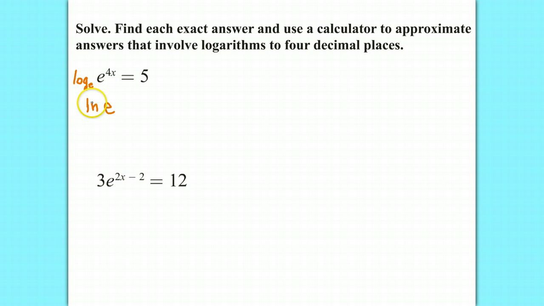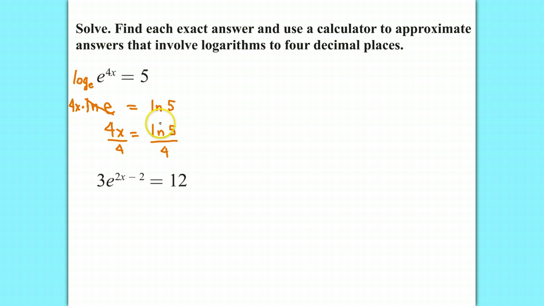So log base e and natural log are the same. And then I'm going to bring the 4x out front because that's always what you'll do if you have an exponent. And then we want to do natural log of 5 on the right hand side. So natural log of e will cancel out, will become 1, and I get 4x equals natural log of 5, and I want to solve for x, so just divide by 4.